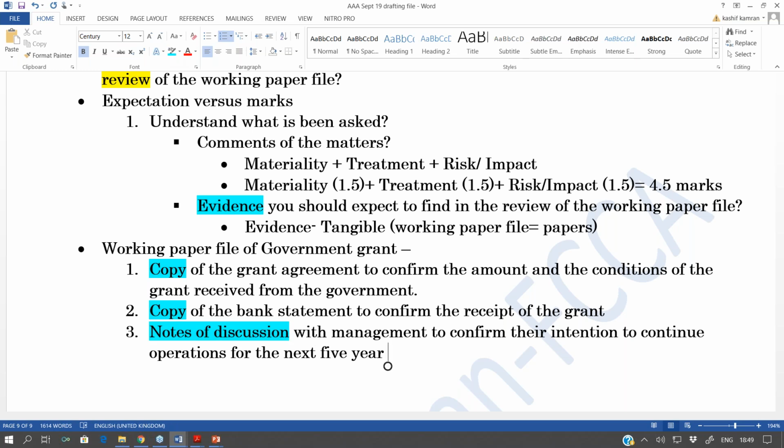The next 5 years is very subjective, right? So can I take a representation letter from the management on the subjective areas like the next 5 years to confirm the business will continue? But the representation letter in my working paper file will be in the original form, right?